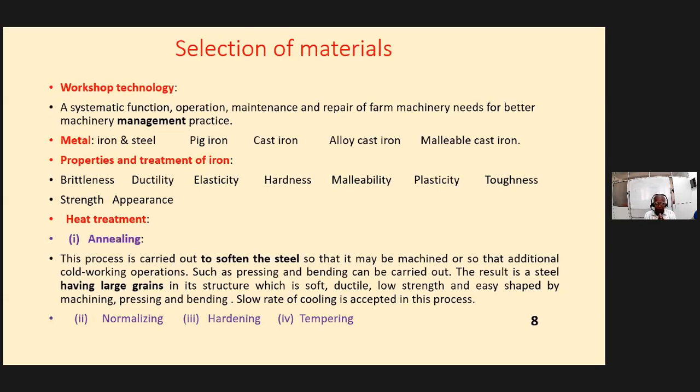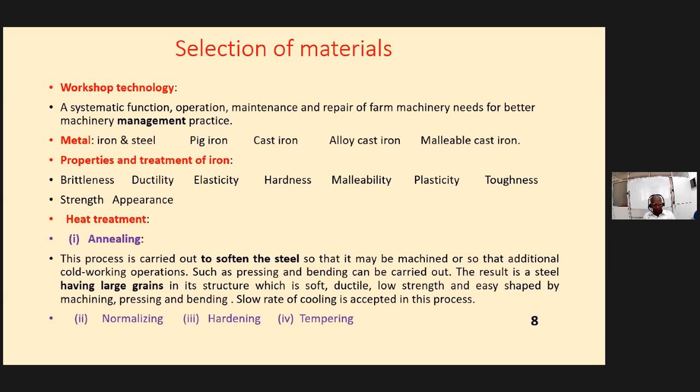Cold working means at normal atmospheric temperature, such as pressing and bending can be carried out. The result is a steel having large grains, that is internal molecular level structure.